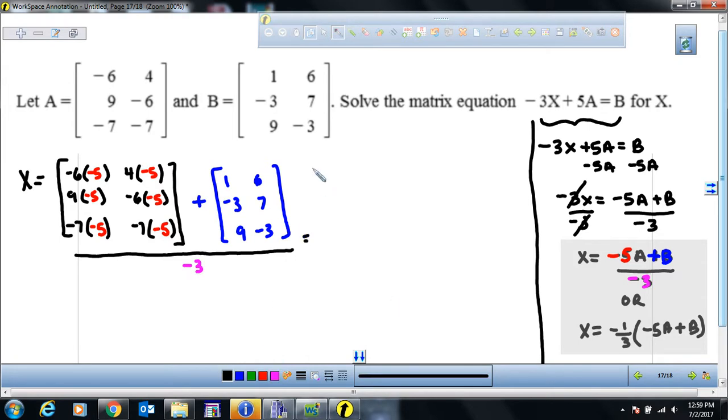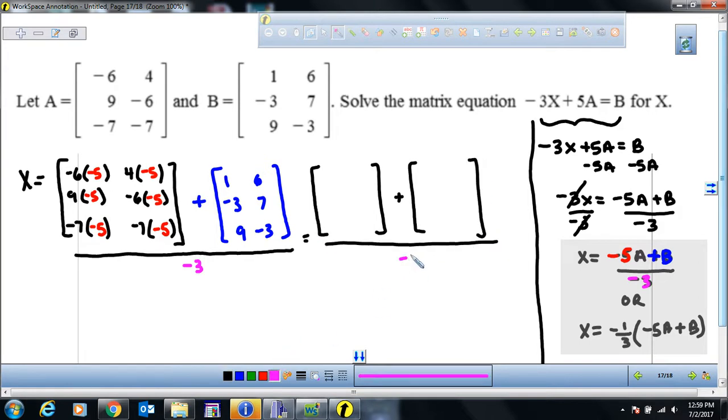First of all, I'm going to multiply all those values by negative 5. So it's going to be a 30 right here, a negative 20, then a negative 45, then a 30, then a 35, and then a 35.